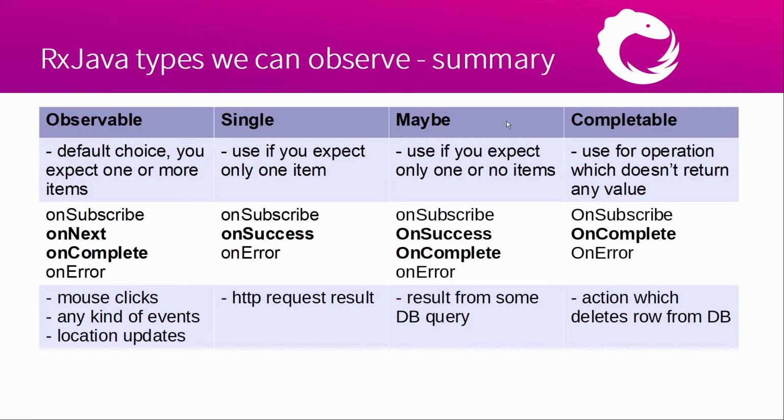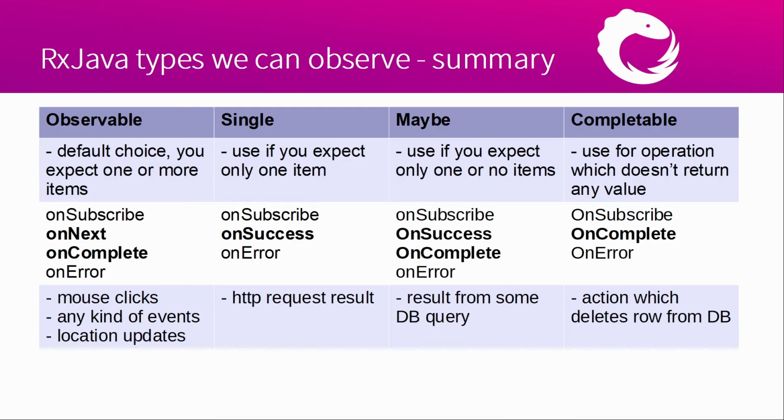Later we have maybe, and you should choose that when you expect one or no items. The most used callbacks are onSuccess and onComplete, and it can be, for example, represented by action like dbQuery. And what I mean is, imagine that you are making some call to your database query because you want to know if you have some kind of updates to your object, to your data.